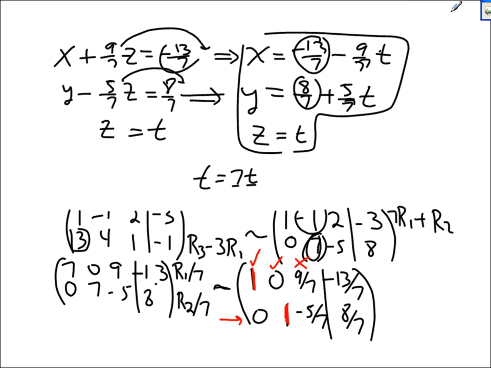For the reason being, if I let t be 1, well, negative 13 over 7 plus, let it be 2. Let's make it more interesting. Plus 18 over 7, I can easily do that because they're both over 7. But if instead I just had 9t, let t be 3.